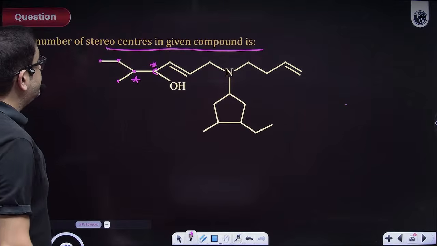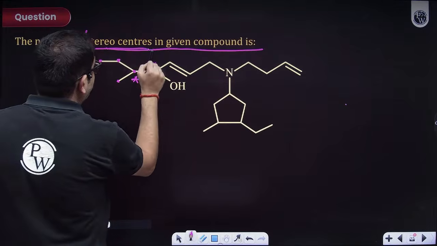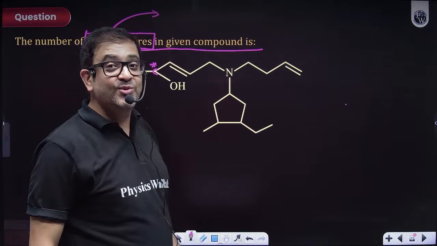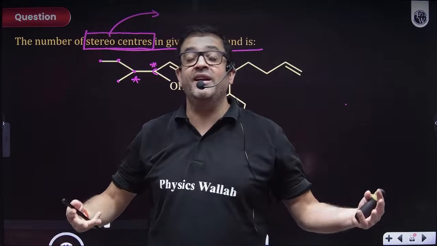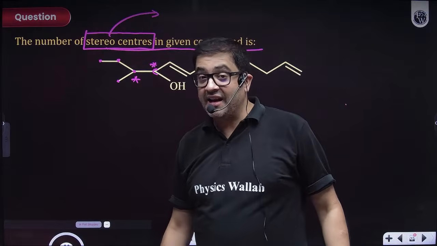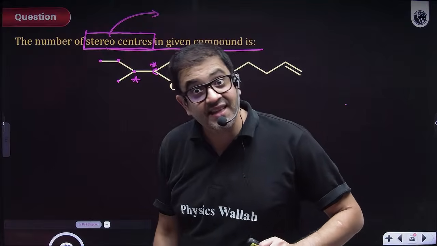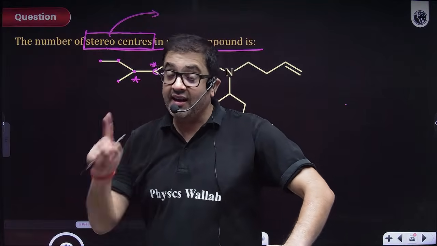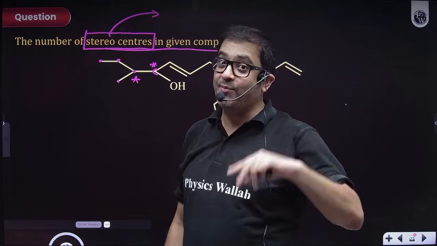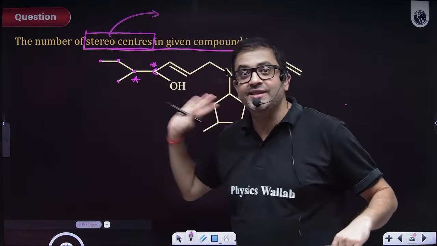Now, it is saying not chiral, beta. The only reason I said read the question is that once you do those questions, you start assuming things that are not written in the question. Is the question saying chiral center? No. It is saying stereo center. Sir, stereo as in geometrical also, optical also. So optical you are seeing.